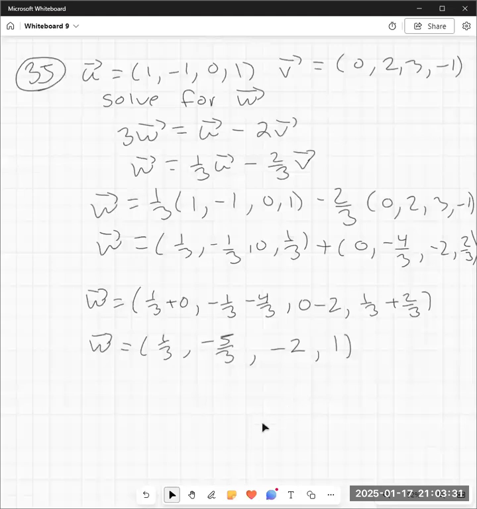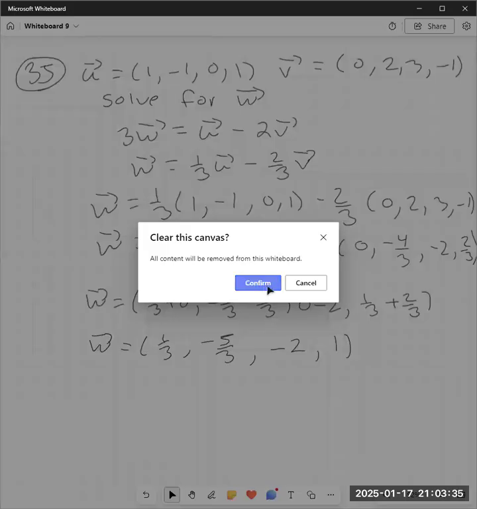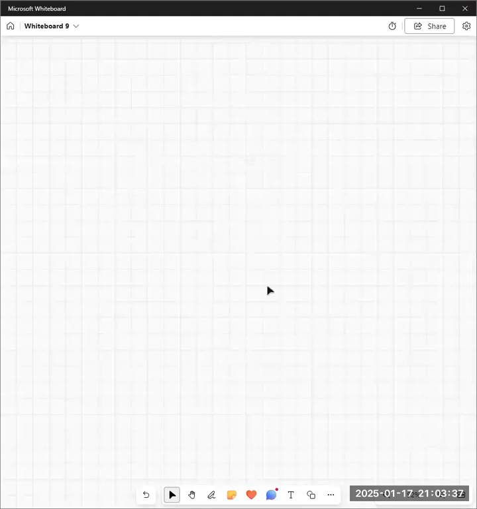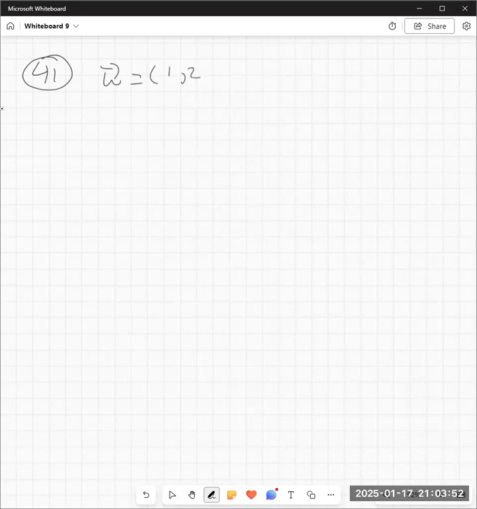Let's now look at number 41, which starts our section of asking us about linear combinations. We're going to use what we know about matrices for this, even though this one doesn't really need to be solved with a matrix; we could just use a system of equations. u is equal to (1, 2), and w is equal to (1, -1).